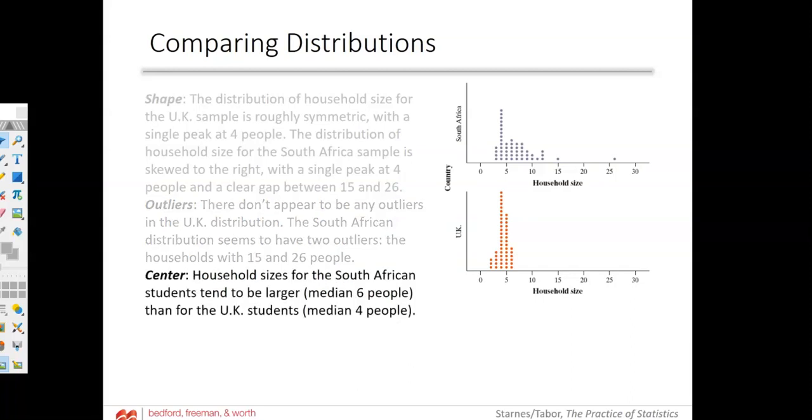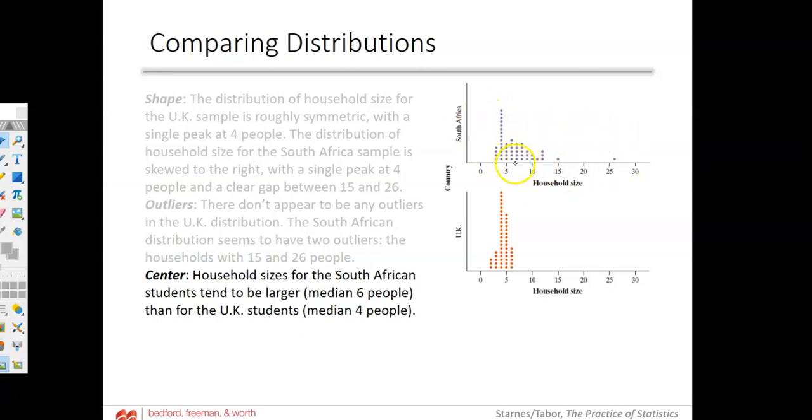What's the center? So the median should be easy to count with this kind of data. You can type all those numbers in a calculator and get the mean, but that'd be a lot of work. So the median would be the middle value. You would have to count how many total there are, and find the middle number.